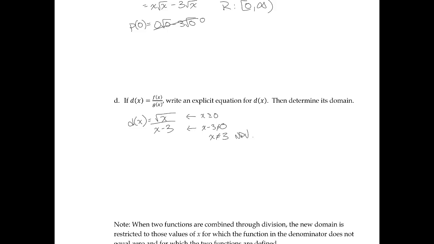So with these restrictions, my domain would be from 0 to positive 3, but because it's a non-permissible value and we're dealing with a reciprocal function, I know that that's an asymptote. Okay, going back to my grade 11 learning. And so my graph will pick up on the other side of 3 and continue to positive infinity like it would have if it was just a square root graph.